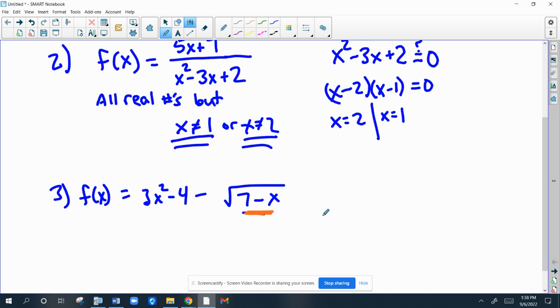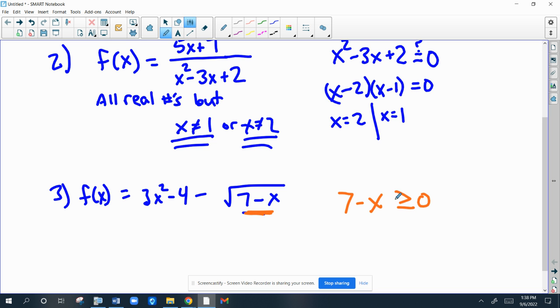So therefore, you want to figure out, when is this positive or 0? I'm going to write a little mini equation here: 7 minus x. To be able to take the square root of it, that must be greater than or equal to 0. This will give me my domain. This tells me what x can be.